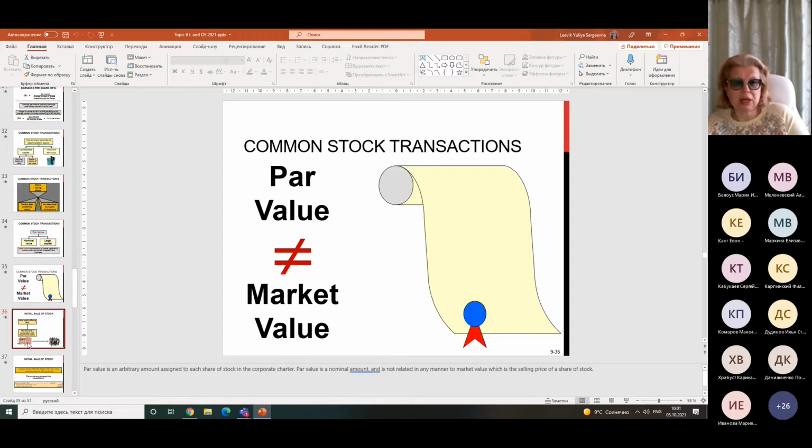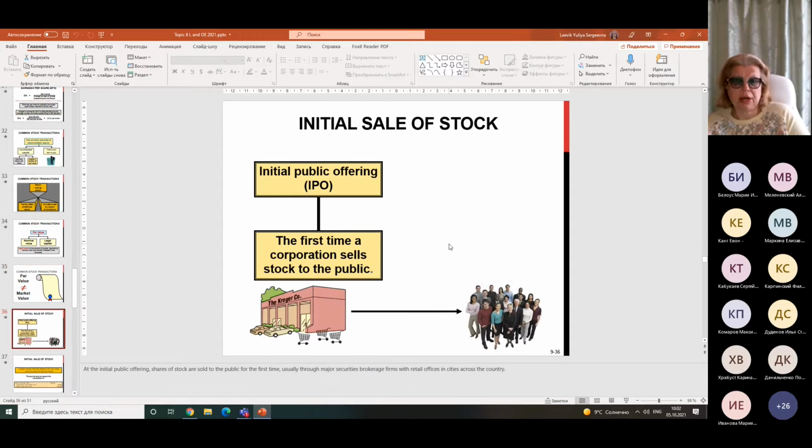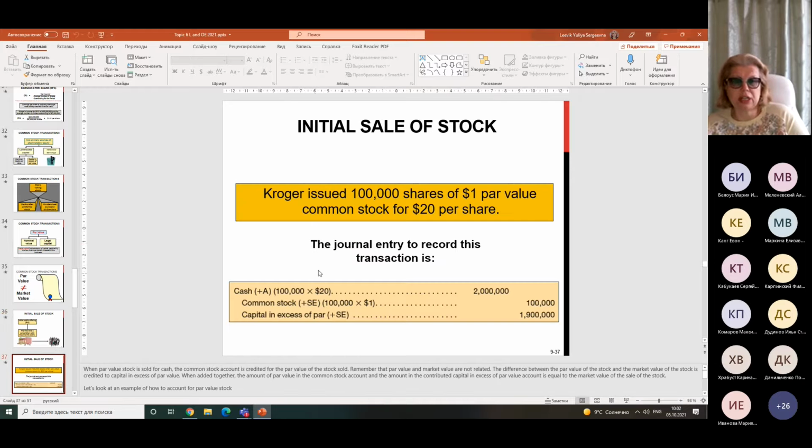So when we recognize the issuance of ordinary shares, we should consider two accounts. First one, common stock, when we make the records concerning the nominal value or par value, and also capital in excess or additional paid-in capital in correspondence with cash.